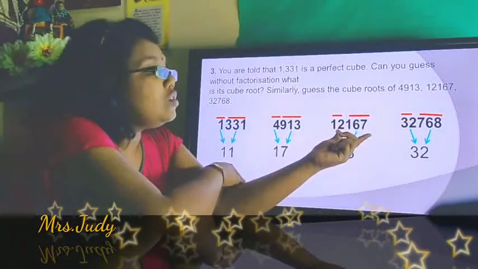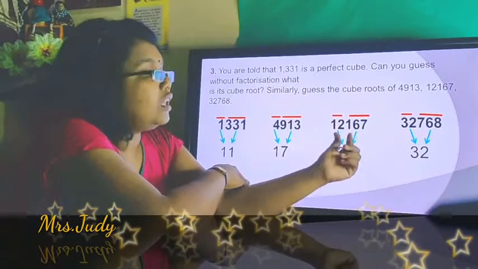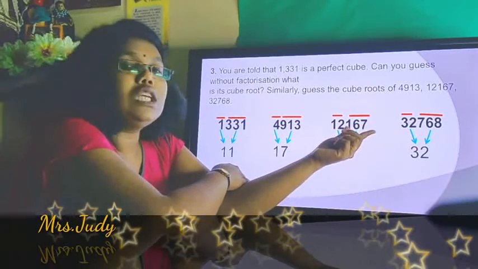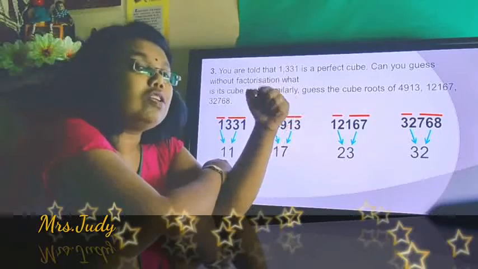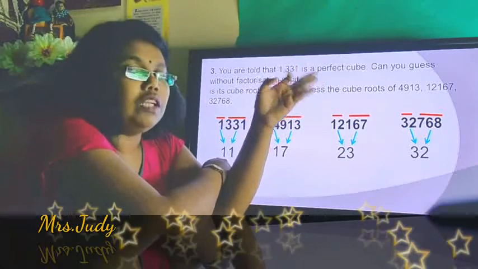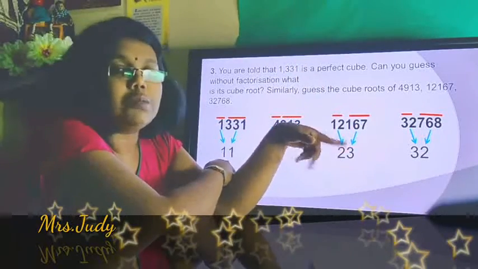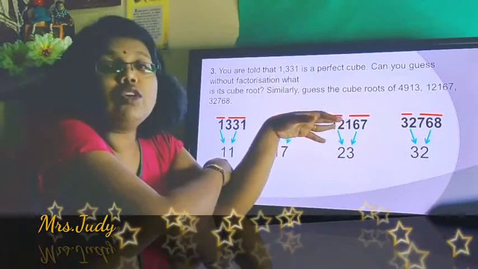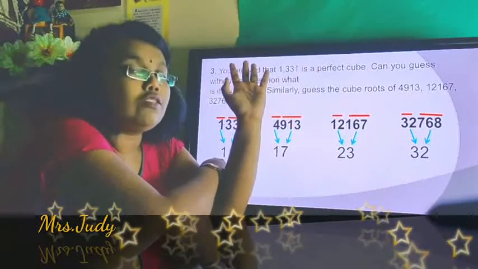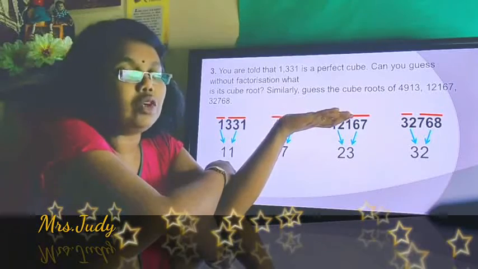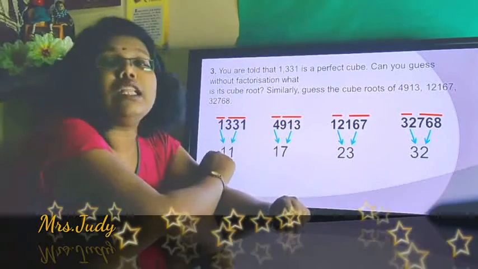Now likewise, you see here 3 digits and then 2 here. So 167. Which cube has 7 in the 1's place? 3 cube, 27. So 3 in the 1's place. After that 12. Now which 2 cubes come before and after this? Because 12 is not a perfect cube. If it were a perfect cube, we would directly take that number.